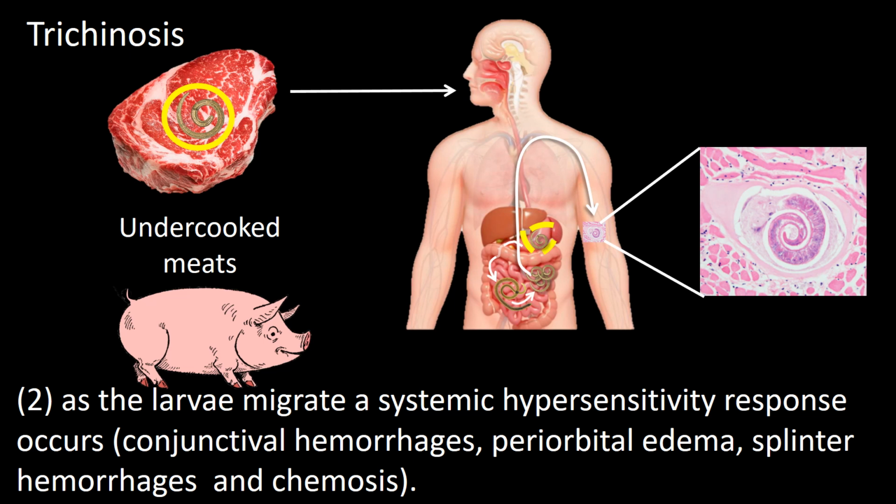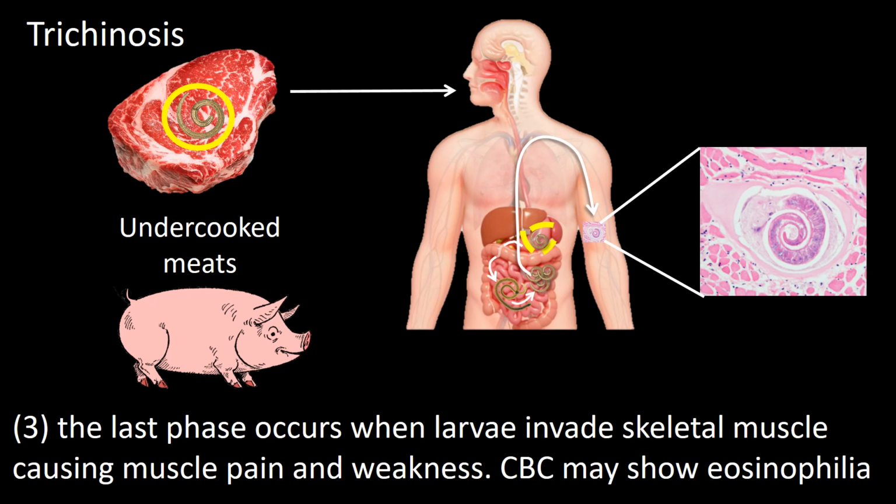As the larva migrates, a systemic hypersensitivity response occurs, which consists of conjunctival hemorrhage, periorbital edema, splinter hemorrhage, and chemosis. The last phase occurs when the larva invades the skeletal muscle and encapsulates, causing pain and weakness.